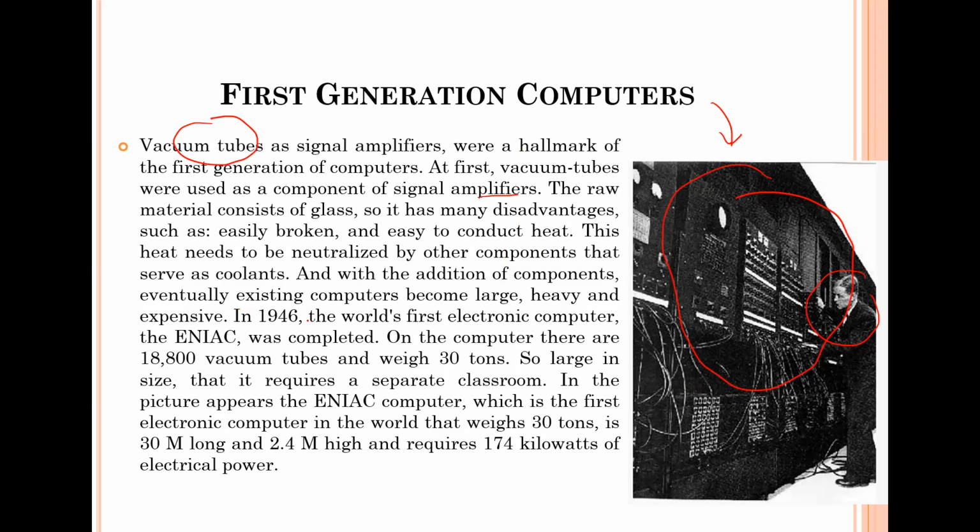Here in 1946, the first electronic computer, the name of the computer is ENIAC, which contains 18,000 vacuum tubes with a weight of 30 tons. Really heavy, right? It's really difficult to move these devices, right?